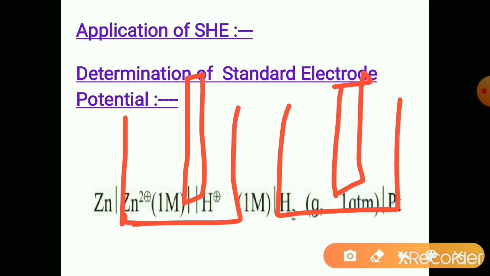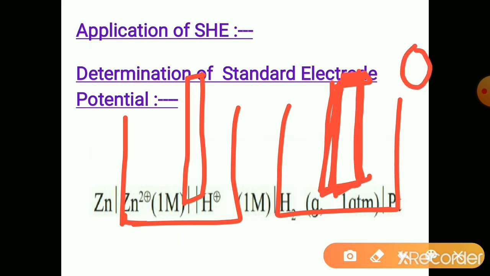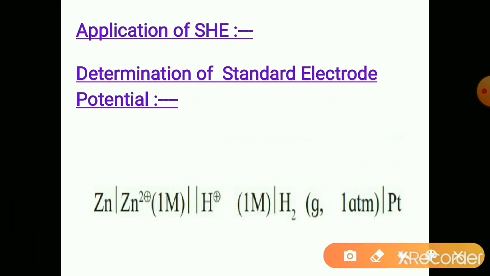So if we connect another half electrode with the reference electrode, and the reference electrode has a 0 potential, then whatever cell potential we read on the voltmeter will be the potential of the other electrode, because the standard hydrogen electrode has a potential value of 0.